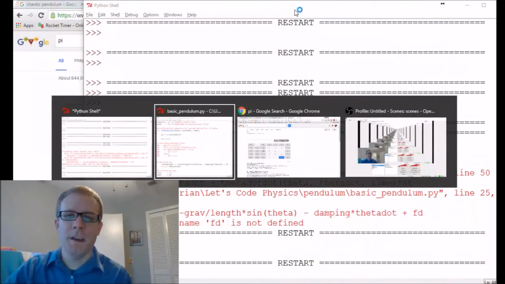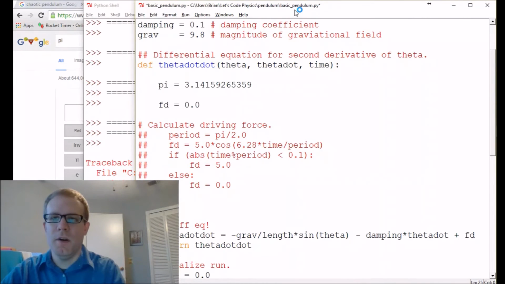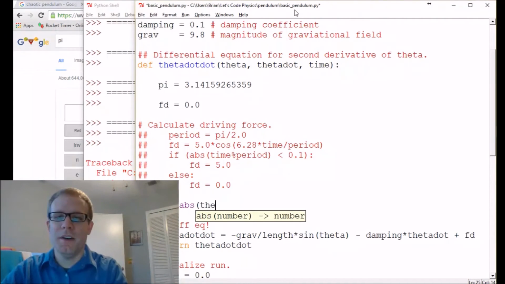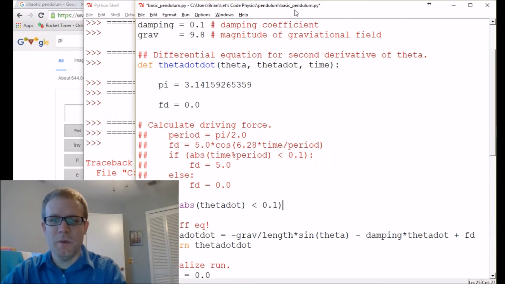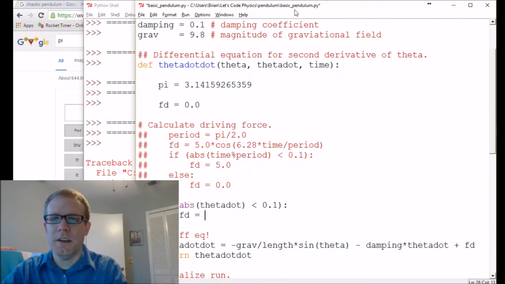Okay, so here's what I'm thinking. What if you push every time theta dot is equal to 0? Or is within negative 0.1 and 0.1. Okay, so we're going to say if absolute value of theta dot is less than 0.1. So whenever it's within that little window, that's when you push. FD equals, let's stick with the 5.